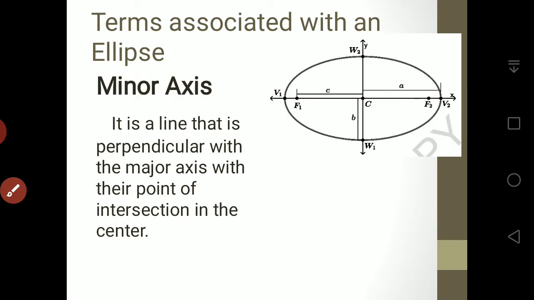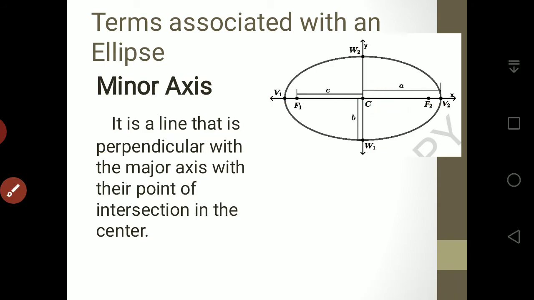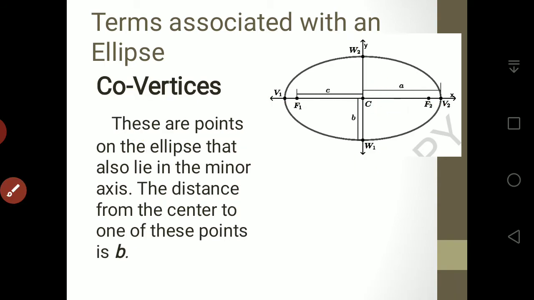Next, we have the minor axis. Since we have the major axis, we have the minor axis. It is a line perpendicular to the major axis with the point of intersection at the center. So you locate the center, and perpendicular to our major axis is the minor axis. The intersections of the minor axis and the ellipse are what we call the co-vertices.